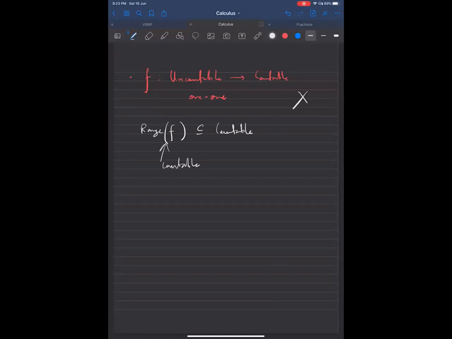Now, a function that is 1-1, when restricted to its range, becomes 1-1 and onto, right? A function from its domain to its range is always onto, because range is defined in such a way. Is it clear?